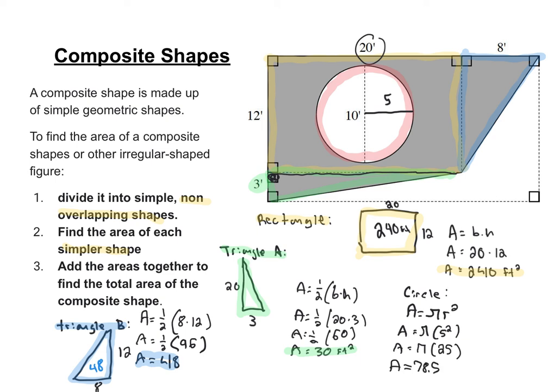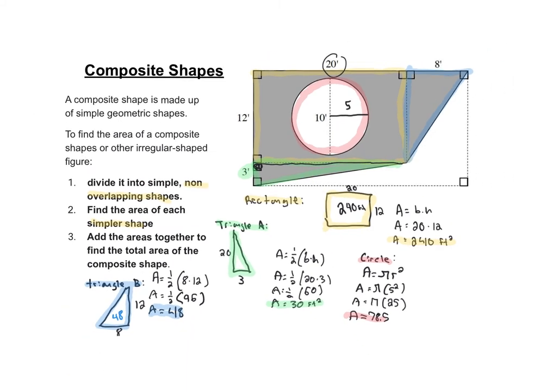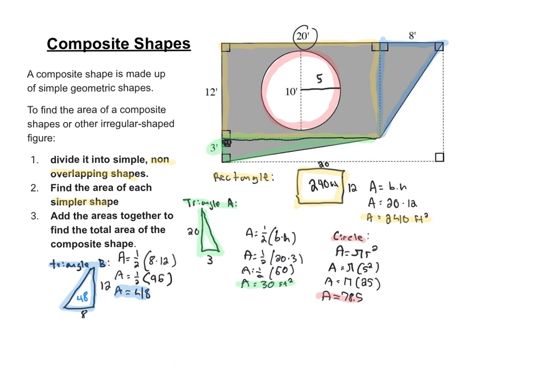Okay, so our last step now is we need to add all of our shaded regions together and then subtract that circle. Make some more space here. There we go. Okay, so do my math in this box.